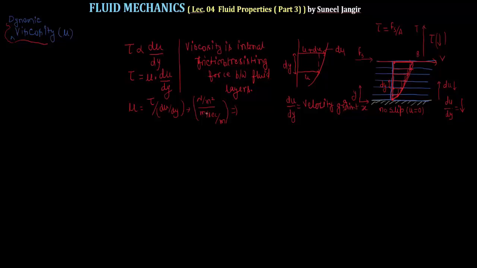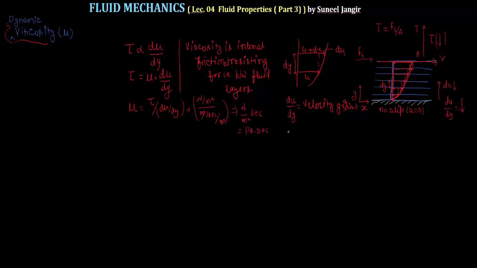So the meter will cancel out, the second will be upside, so this will be Newton per meter square into second, and Newton per meter square is also defined as Pascal, so we can also term it as Pascal second.